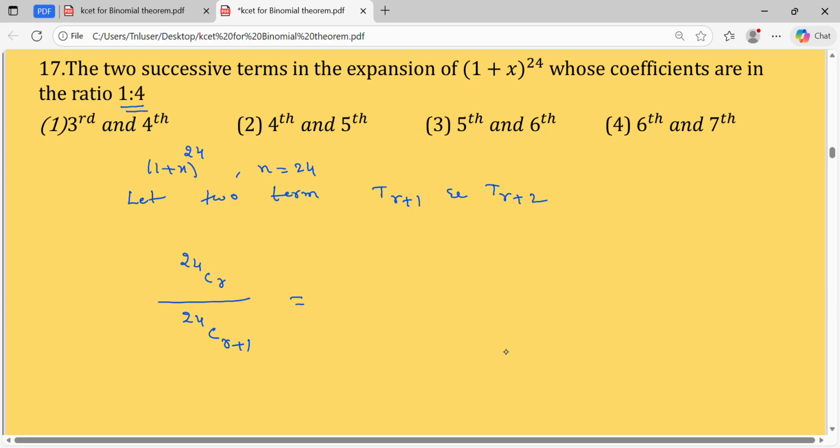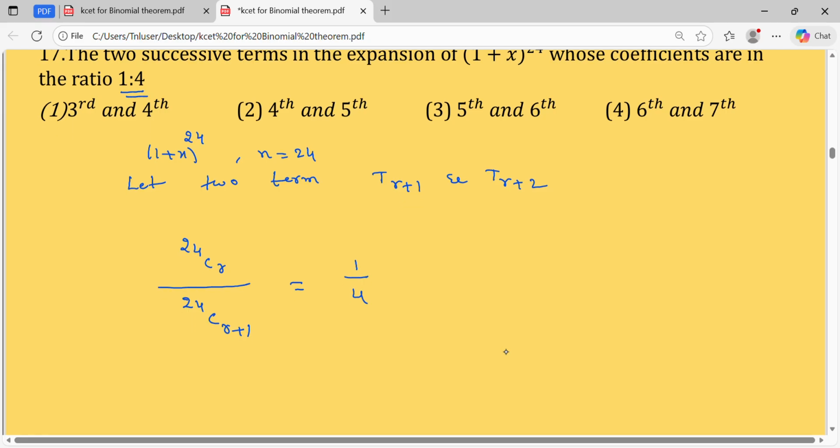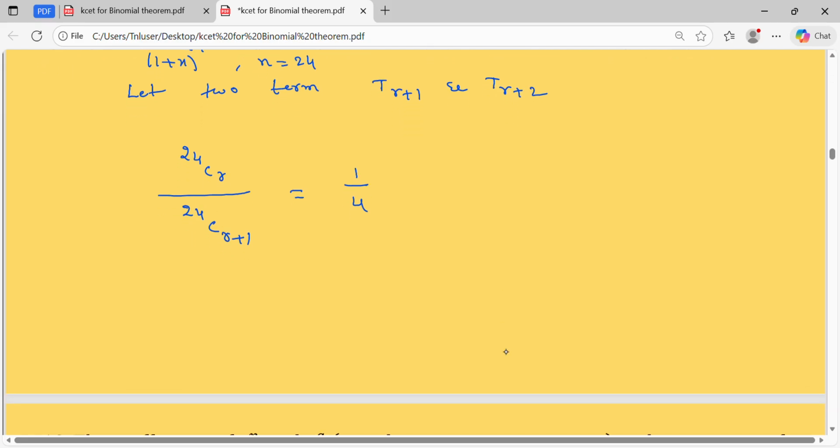This is given as 1:4, which can be written as 1/4. Simplify them and we get the r value. After that write tr plus 1 and tr plus 2. This can be expressed as 24 factorial by 24 minus r factorial into r factorial, divided by 24 factorial by 24 minus r minus 1.